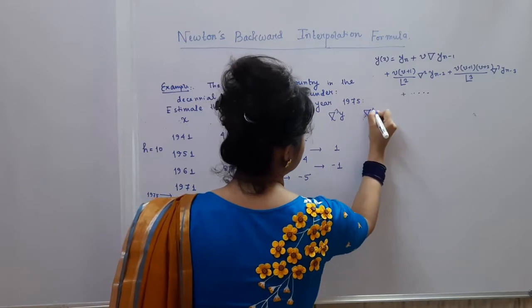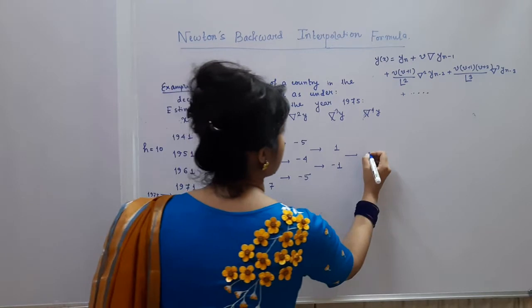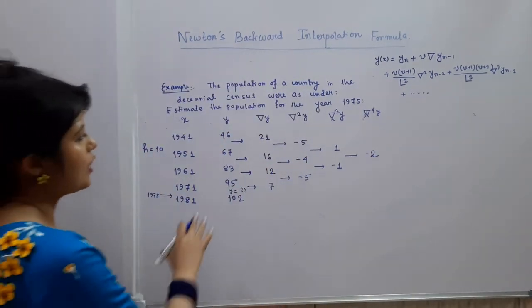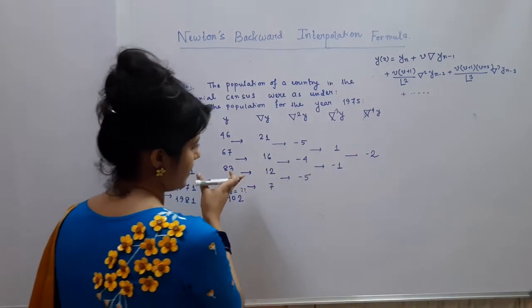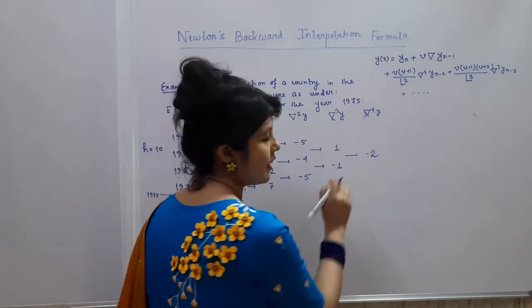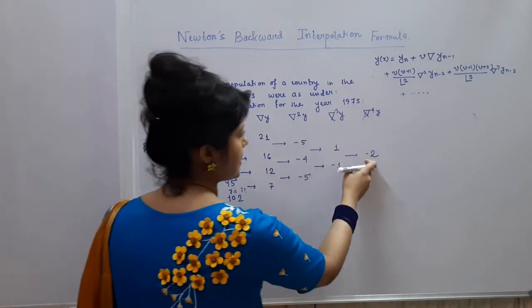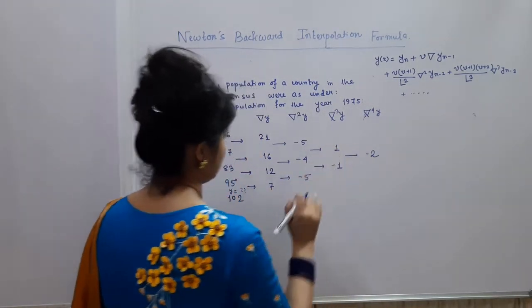And delta 4 y is equal to minus 1 minus 1, that is minus 2. You have to continue this difference table until you get a single value. Here I have got a single value, so my table ends here, that is minus 2.